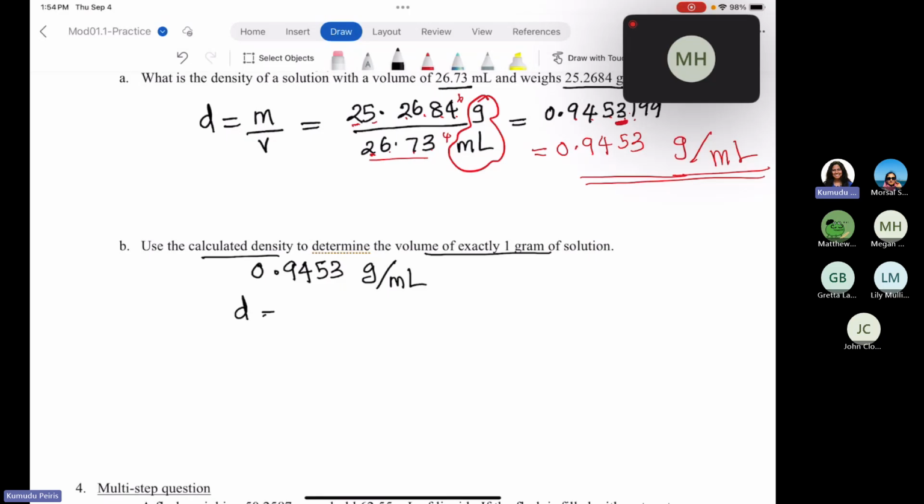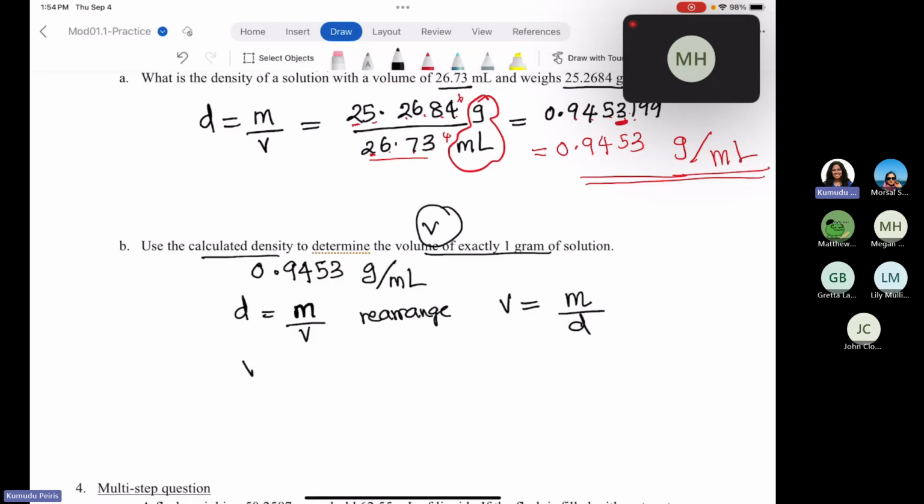So D equals M over V. Now we are looking for the volume. So we should rearrange this equation to solve for the volume. Then volume will be equal to M over D. I hope it is clear for you all.